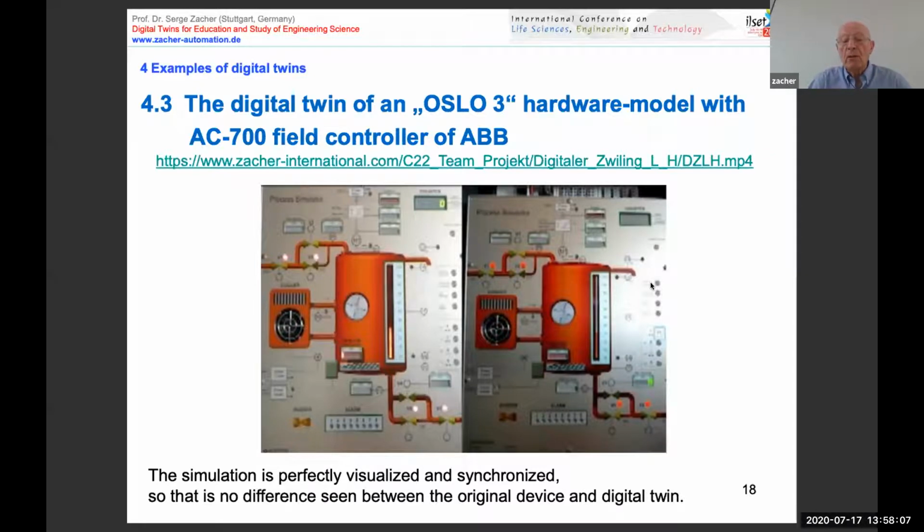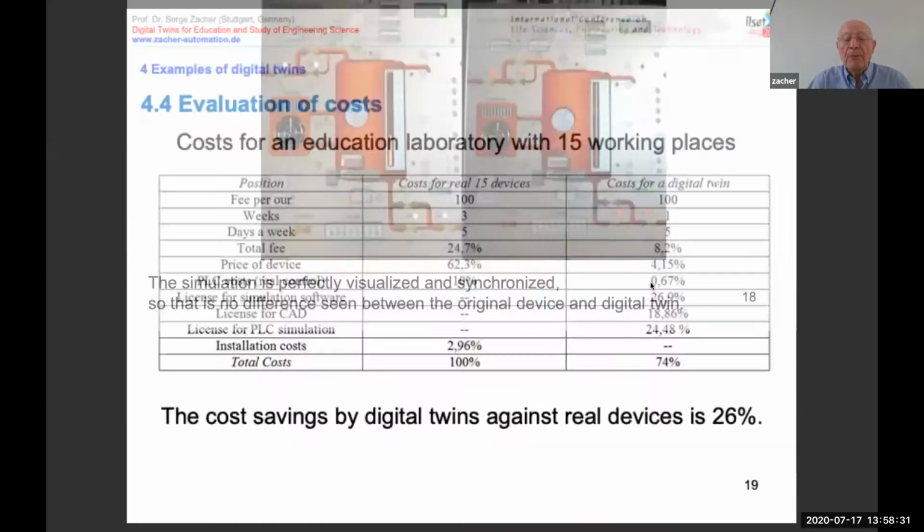I will not tell you, because the main purpose of the digital twin is that you see no difference. Both will be used exactly the same. So now I have shown you the three examples, and now the next step, next figure, please.